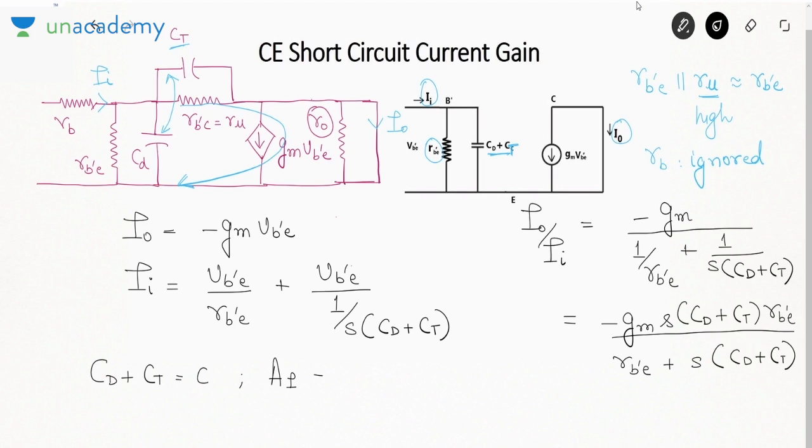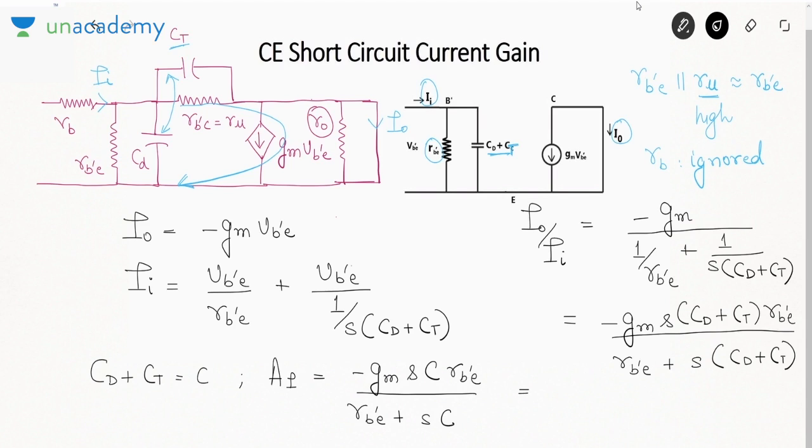So this current gain will be minus GM S C RB'E by RB'E plus S C. Is it fine? So now in order to reduce it to the standard form, divide this entire expression by SC.